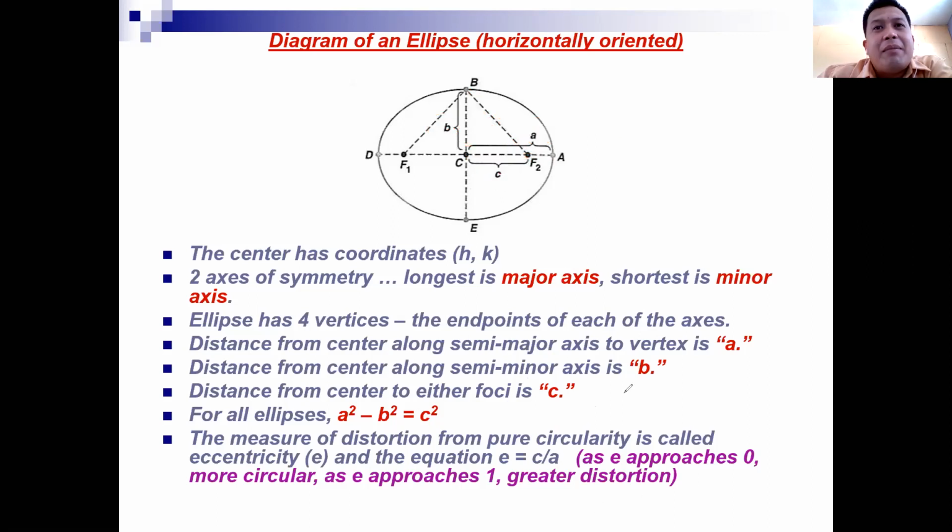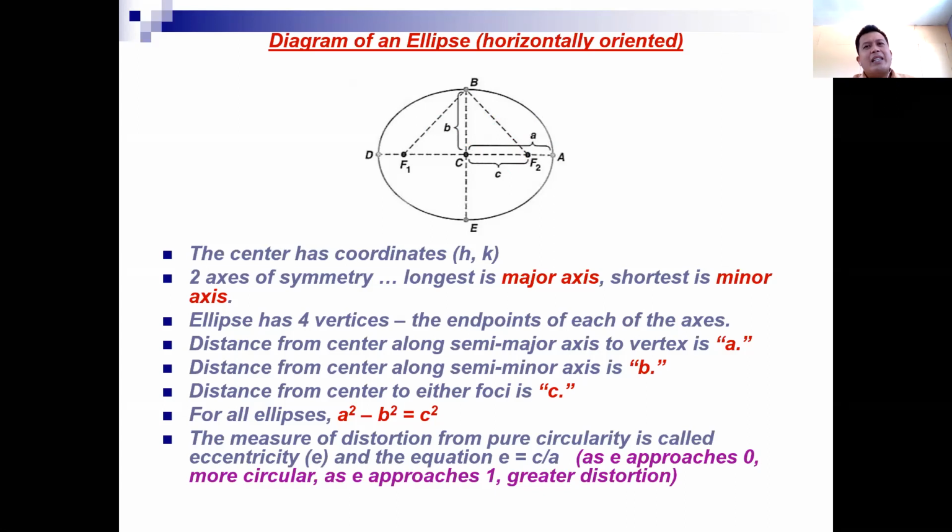And then there are some distortions of your ellipse, class. The measure of that distortion of the circularity is noted by letter E, with the term eccentricity. And the formula for eccentricity is C over A: the length of the focus, or the focal length, divided by the semi-major axis.